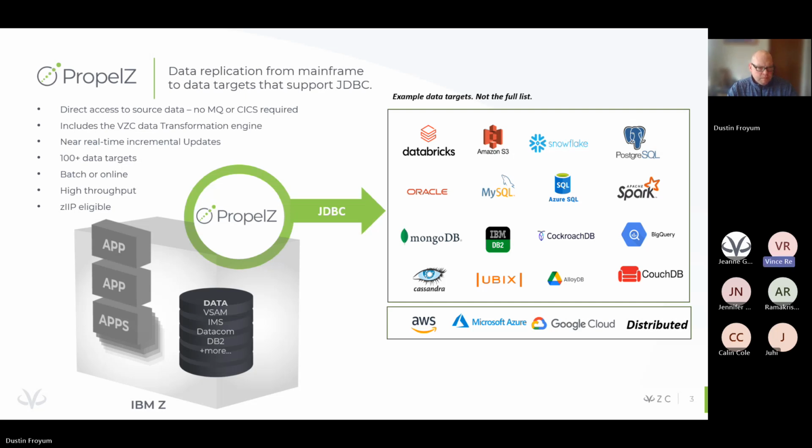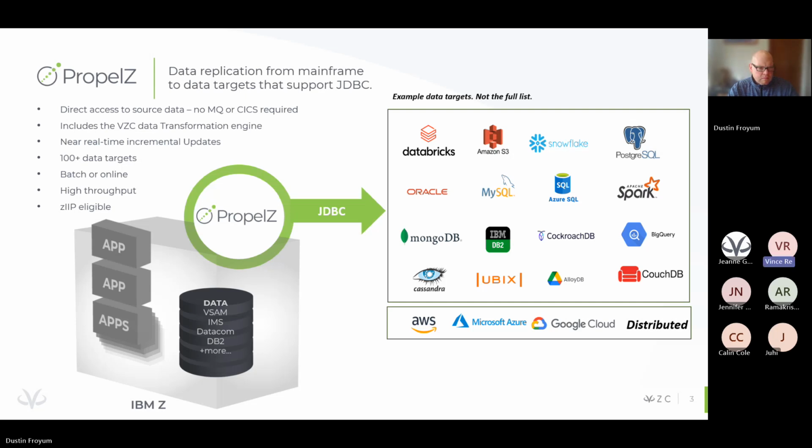Number two is, we've also done system-oriented things to showcase how powerful PropelZ could be. One example is SMF data. A lot of sites we speak to have this use case where SMF data is very critical to them, and they want to archive it and guarantee that it's going to be around forever and ever.